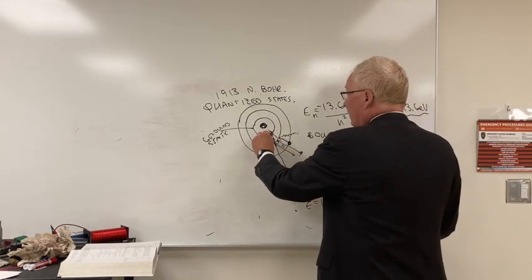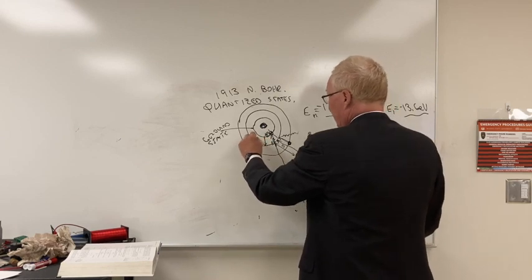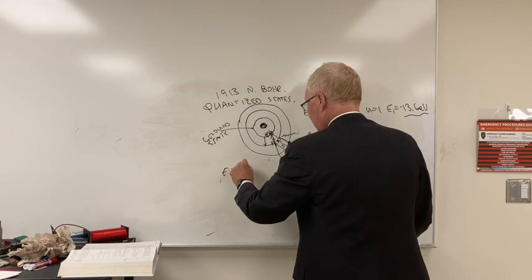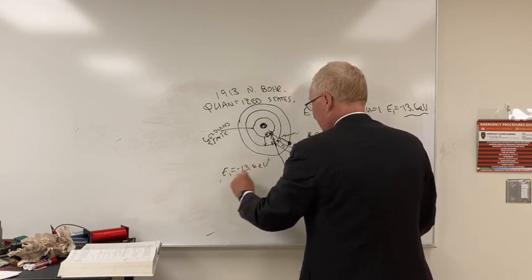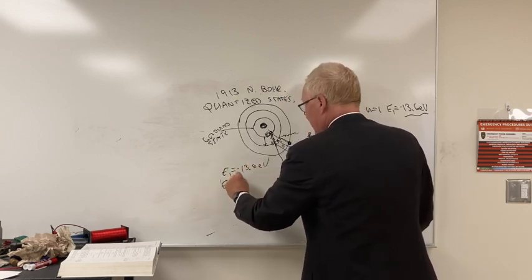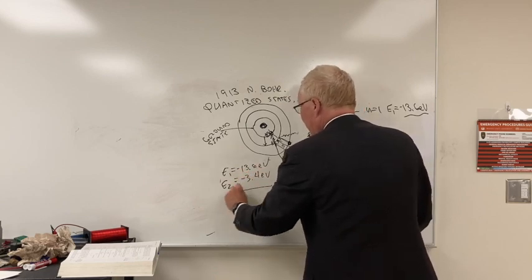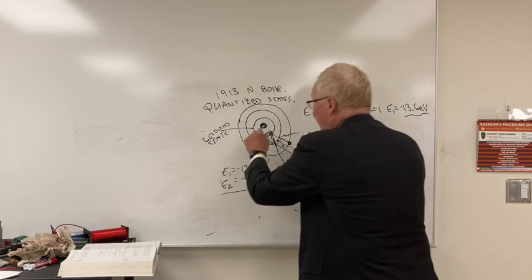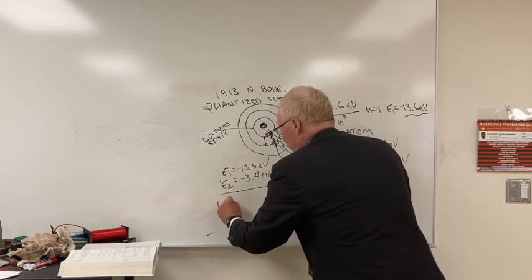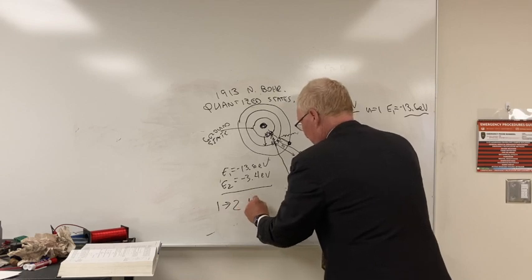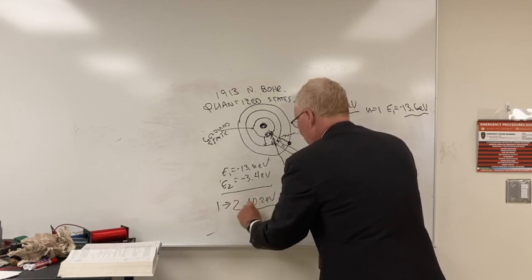If I go from 1 to 2, E1 has an energy of minus 13.6 eV and E2 has an energy of minus 3.4 eV. The difference going from 1 to 2 is 10.2 electron volts.